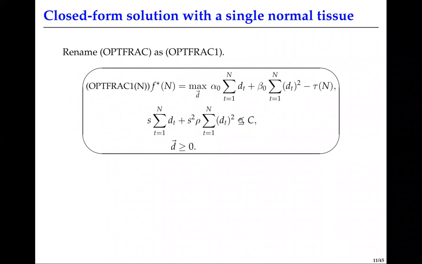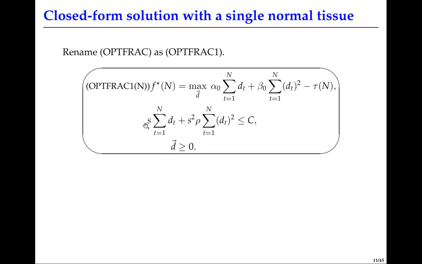And the moment I know that an equal dosage solution is optimal, as shown in that proposition, because alpha 0 over beta 0 is bigger than 1 over S times alpha over beta for the normal tissue, then I can simply set all these doses to be equal to one another.